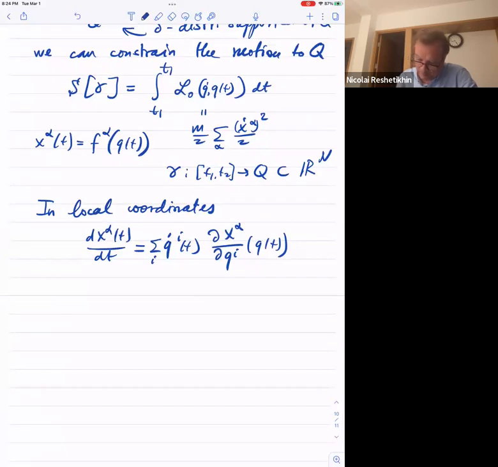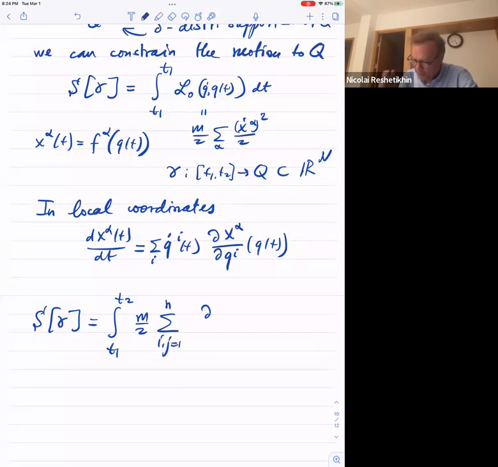That means the action functional I can write now as the integral from t1 to t2, m over 2, sum over alpha, i, j from 1 to n.